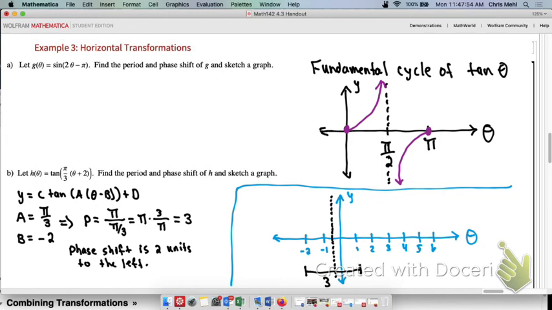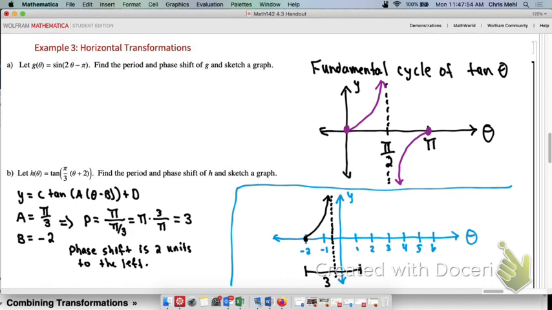Now we're going to start at -2 and end our cycle at +1. Since the fundamental cycle of tangent is 0 at 0, our transformed graph, the graph of h, is going to be 0 at -2 and increase towards the vertical asymptote at -0.5.